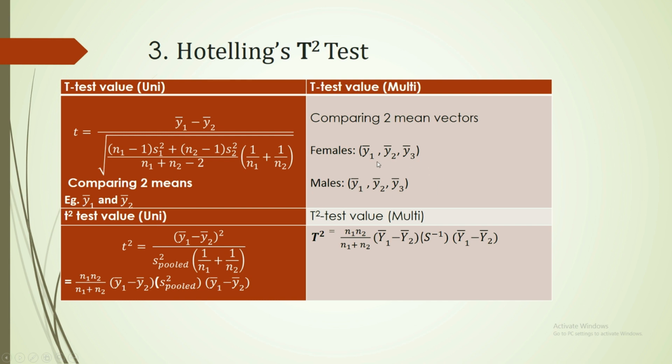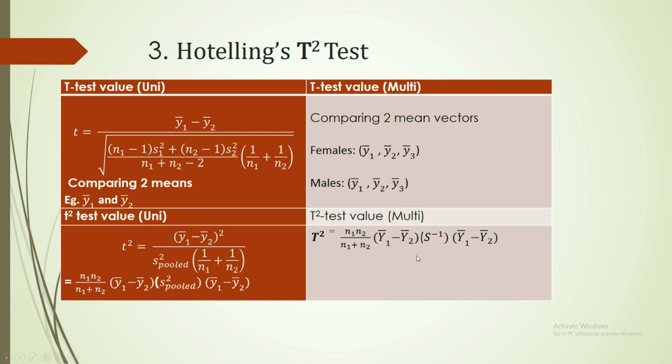And we are trying to compare the means of each of these three variables together between two groups, and in this case I used females and males as an example. But since we are trying to compare mean vectors instead of just mean numbers, we cannot use the t-table to test the hypothesis.